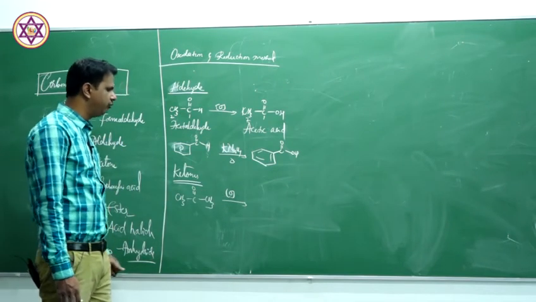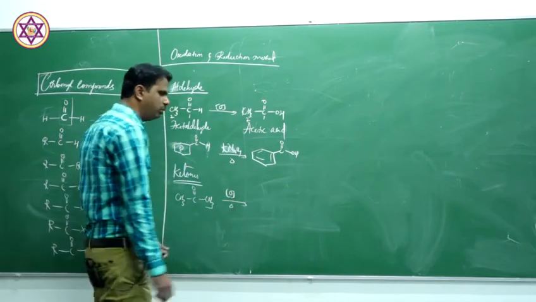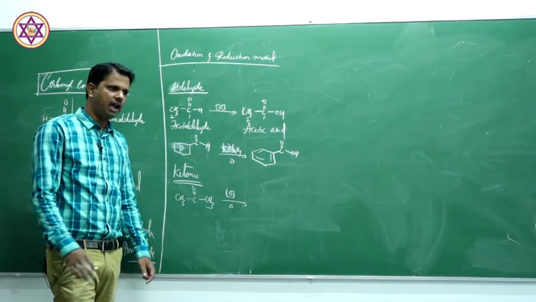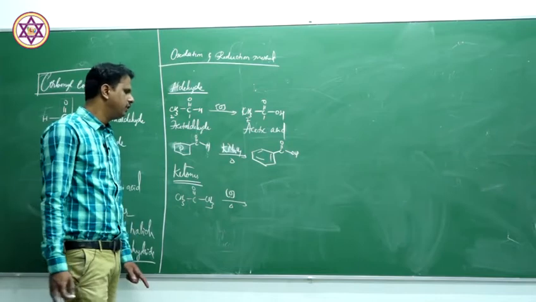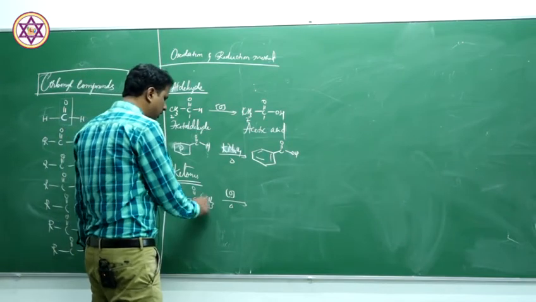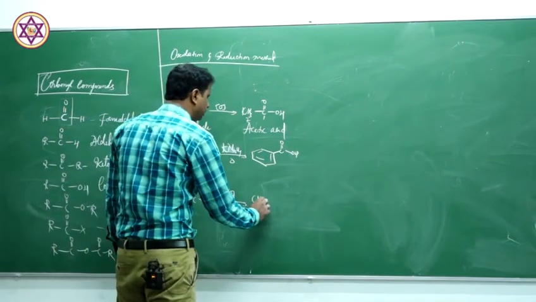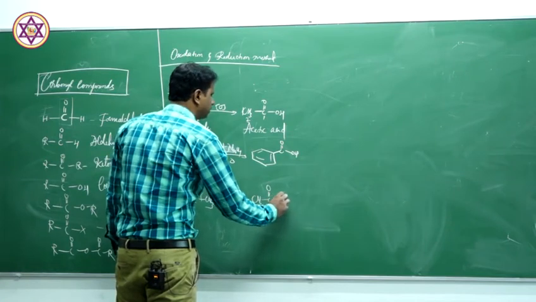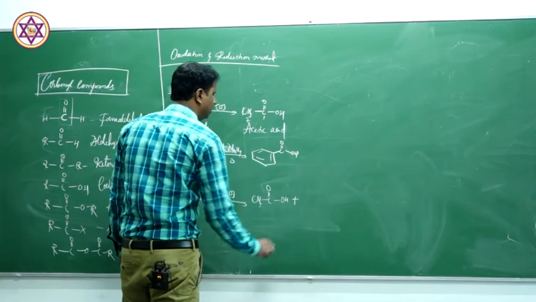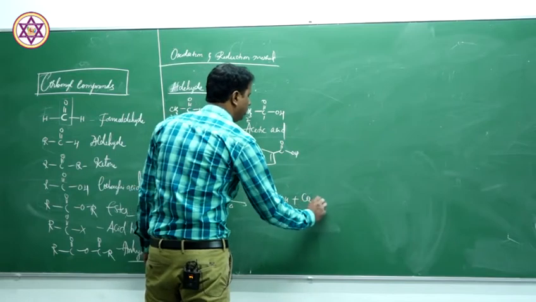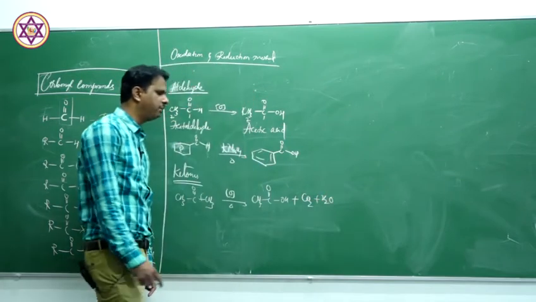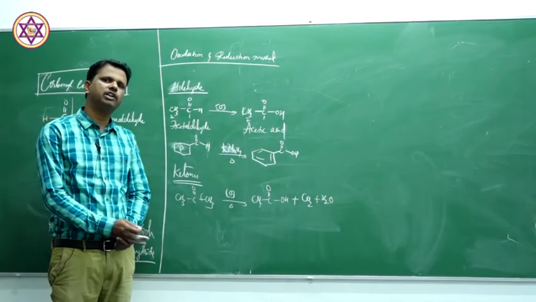So, what happens if you oxidize this molecule vigorously, that means adding a powerful oxidizing agent? This molecule gets broken. So you are going to get CH3COOH plus CO2 plus H2O. This is what happens if you forcefully oxidize the molecule.